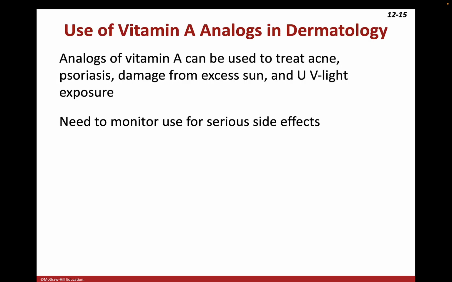Now, another common use of vitamin A analogs is in dermatology. There are a number of analogs that are used to treat acne, psoriasis, damage from excess sun, and the exposure to ultraviolet light. It is important, though, to monitor the use of these analogs because there are serious side effects associated with them.